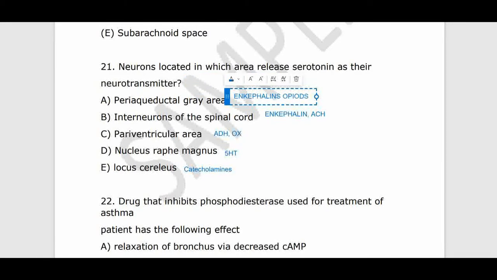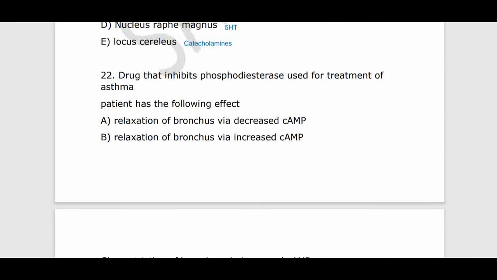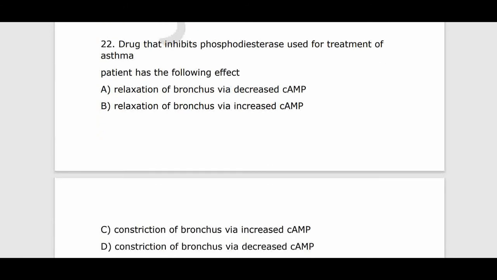Yes. So question number 22: a drug that inhibits phosphodiesterase, used for treatment of asthma, has the following effect. An example of a phosphodiesterase inhibitor that you can use to treat asthma patients is aminophylline or theophylline, okay? And what they do is inhibit phosphodiesterase. The phosphodiesterase enzymes are supposed to degrade cyclic AMP.